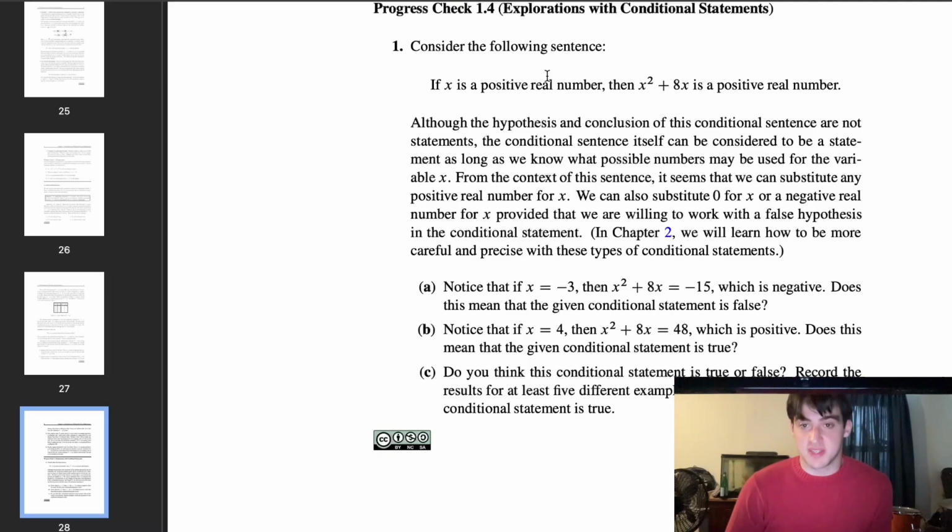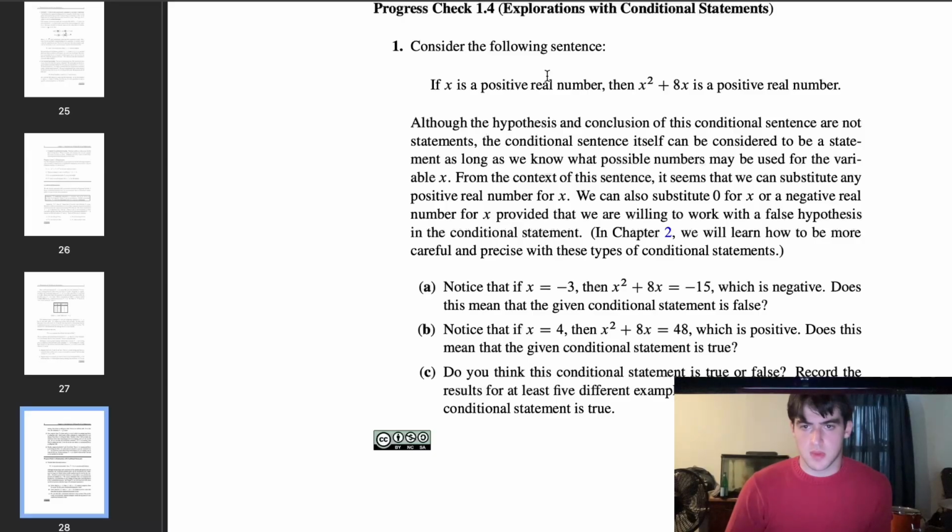From the context of this sentence, it seems that we can substitute any positive real number for x. We can also substitute 0 for x, or a negative real number for x, provided that we are not willing to work with a false hypothesis in the conditional statement.